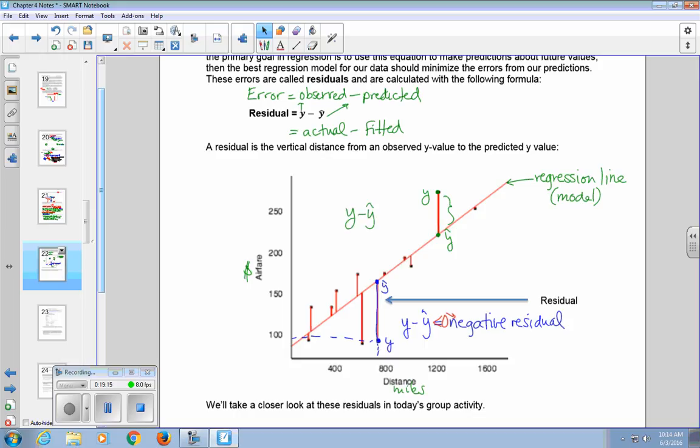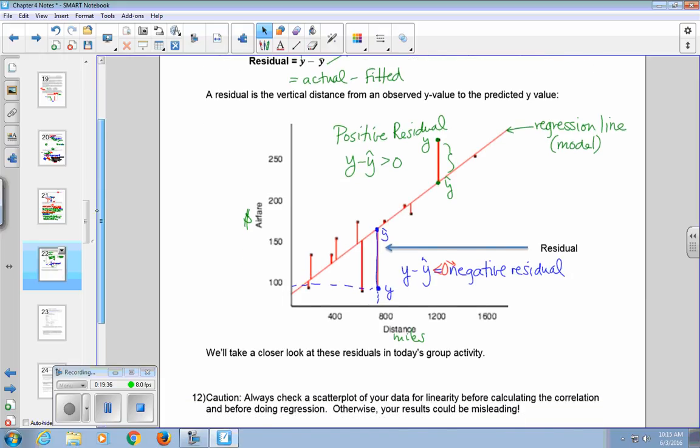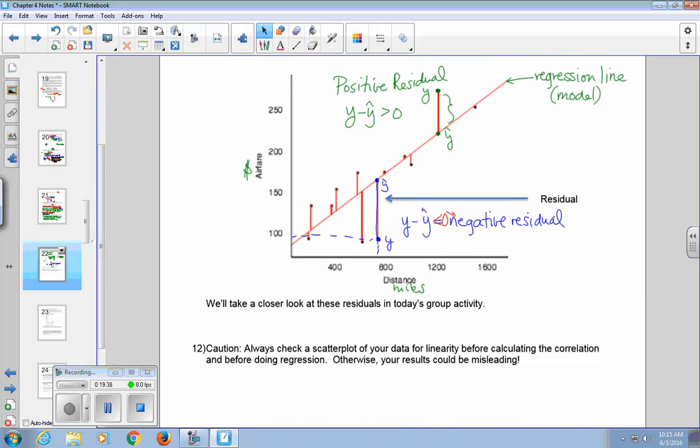And in this case, since y is higher up on your graph, it's greater than your predicted value. So you get a difference that's greater than 0. And as a result, we call it a positive residual. And a good model is going to minimize these residuals. It's going to give us the smallest amount of error possible. So you're going to take a closer look at these residuals in today's group activity.